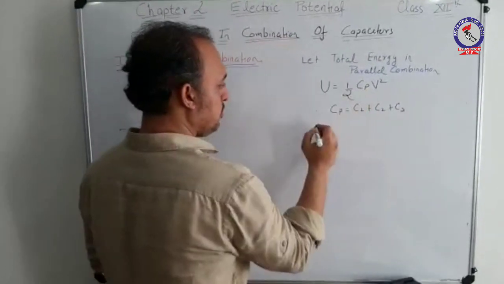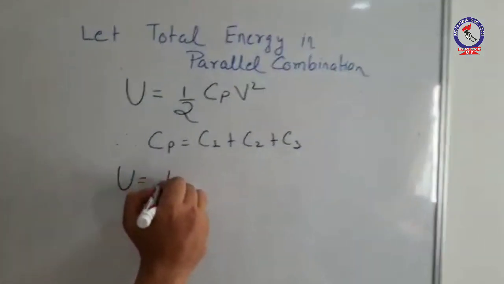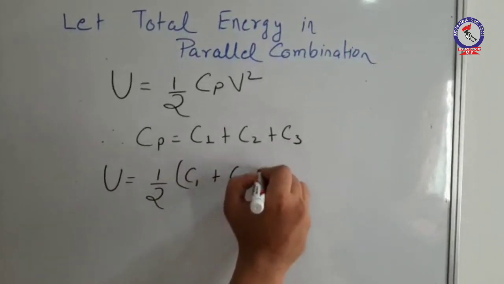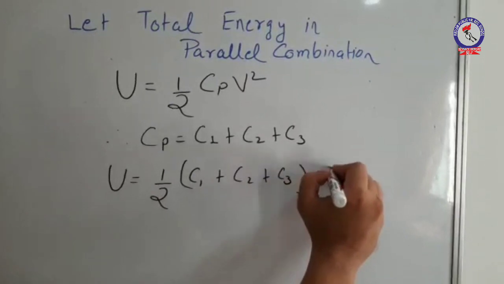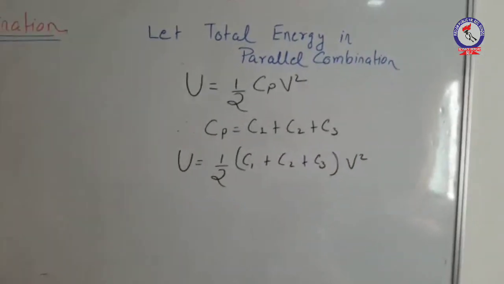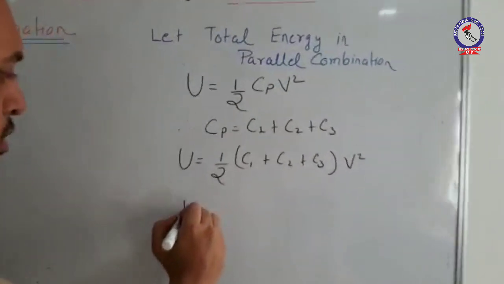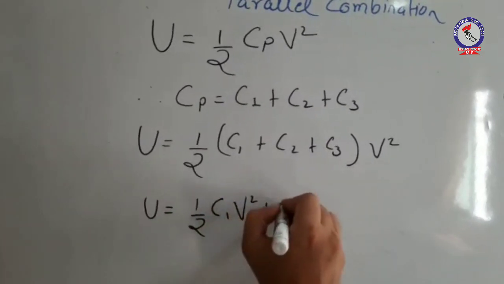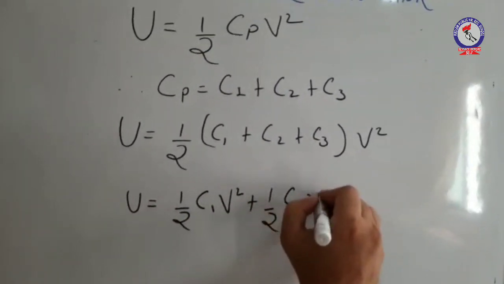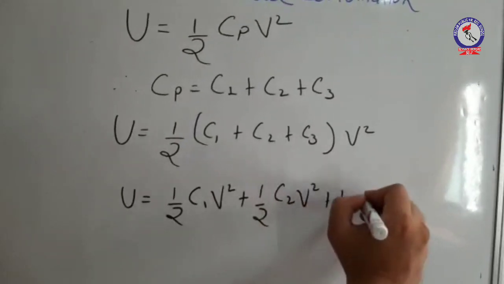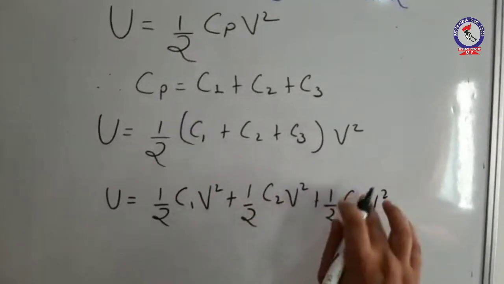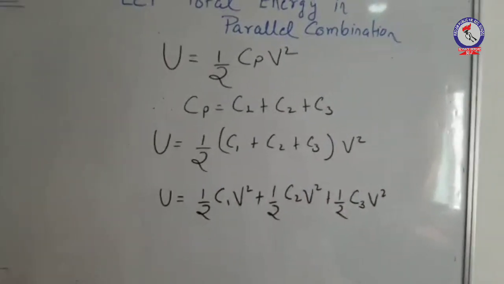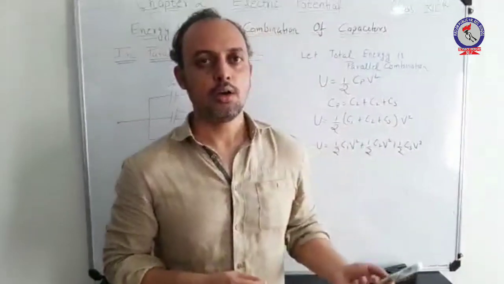Substituting the value of Cp in the above equation, you will get 1 upon 2 (C1 plus C2 plus C3) multiplied by V square. Simplifying this expression, you have 1 upon 2 C1 into V square plus 1 upon 2 C2 into V square plus 1 upon 2 C3 into V square, where V is the constant potential, because you can observe that the capacitors are being connected in parallel.